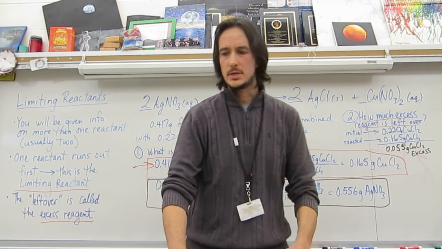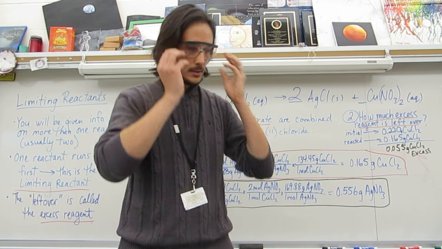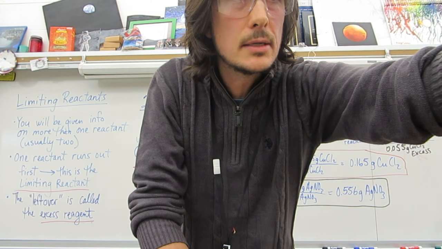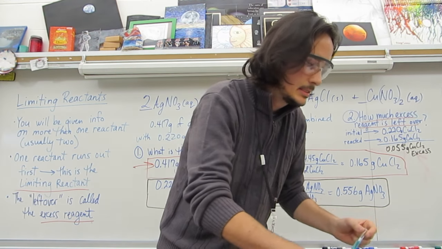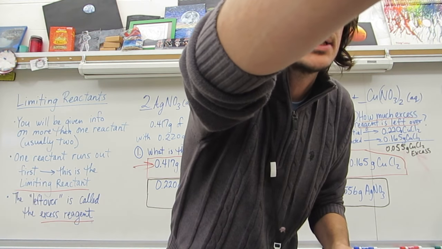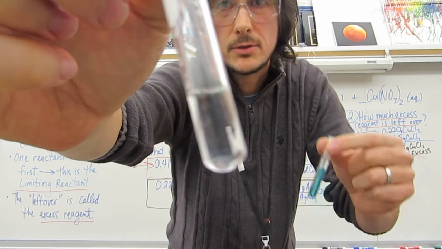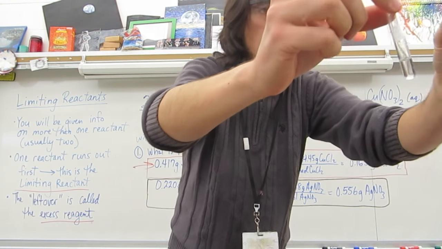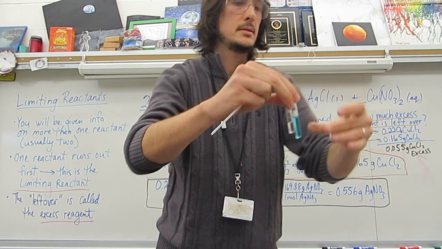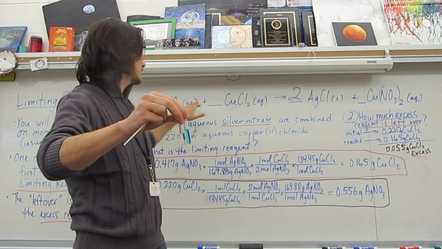And I have something here just to show you what it looks like. So copper 2 chloride looks like that. It's blue. And silver nitrate looks like that. Silver nitrate, copper 2 chloride. So we got these. And if we combine them, we are going to expect, taking a look at the reaction, we see aqueous and we see aqueous.